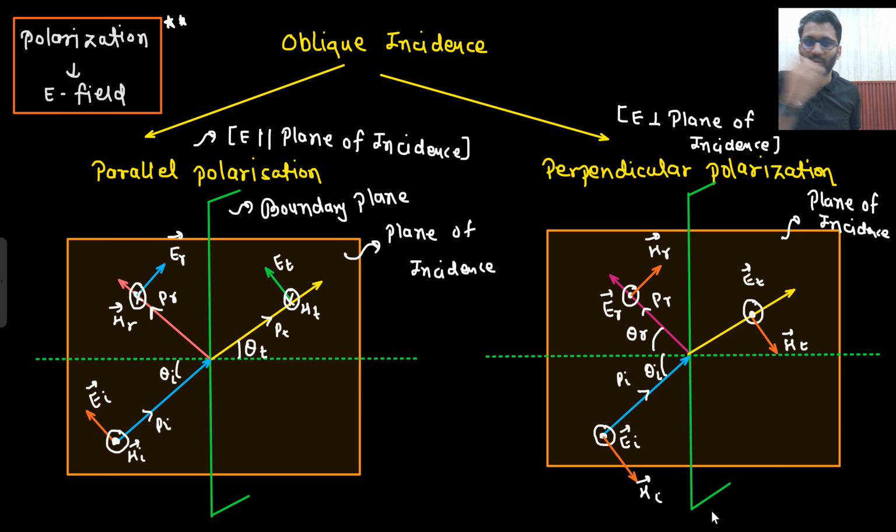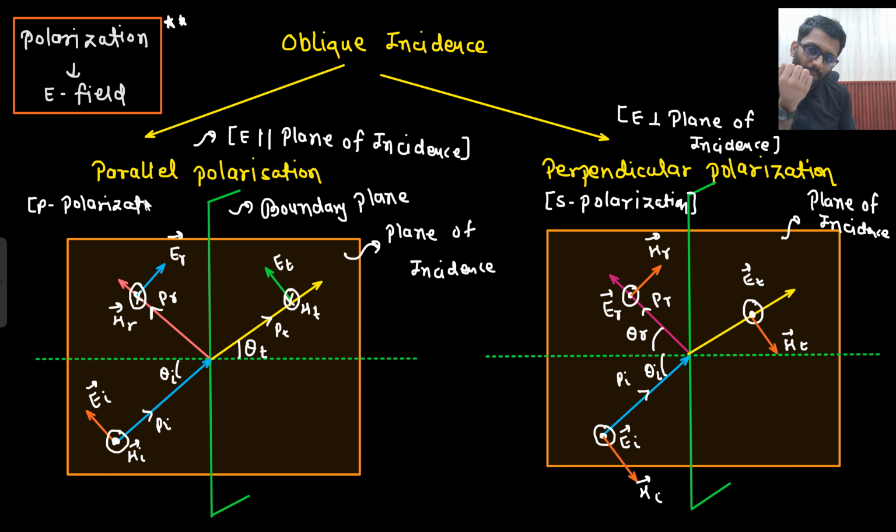Now one more thing I wanted to tell: this perpendicular polarization is known as S polarization as well, and this parallel polarization is known as P polarization. How will you remember these words P and S?